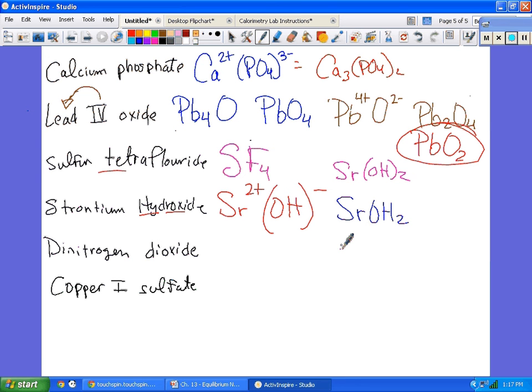You've got to have parentheses. The only time that you do not have to have parentheses is when that number right here is a 1. The number after the polyatomic. Can you circle it so I can tell what you mean? That right there.